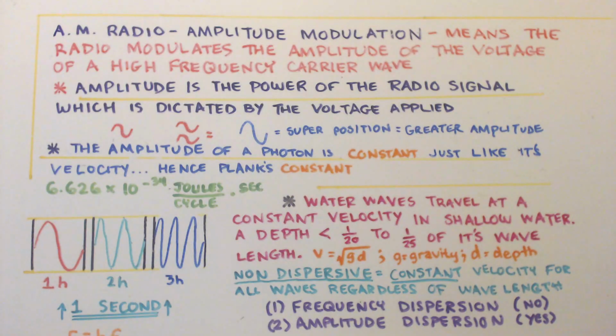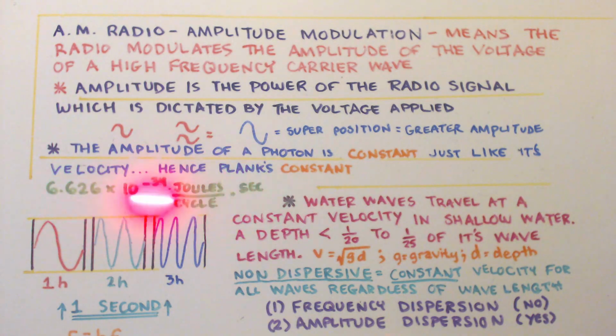Amplitude modulation has nothing to do with changing the photon into a bigger amplitude, because it's not possible. And why is it not possible? The amplitude of a photon is constant, just like its velocity. Hence Planck's constant. Constant. The amplitude is constant.